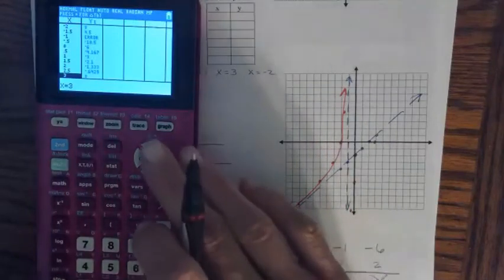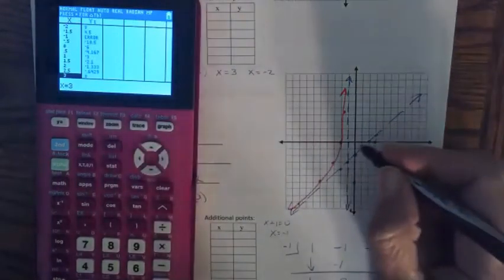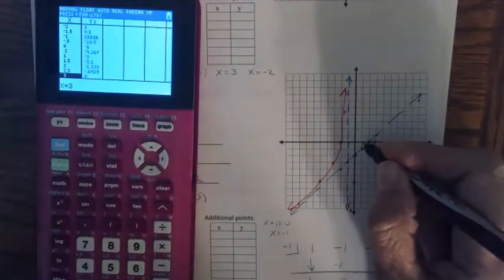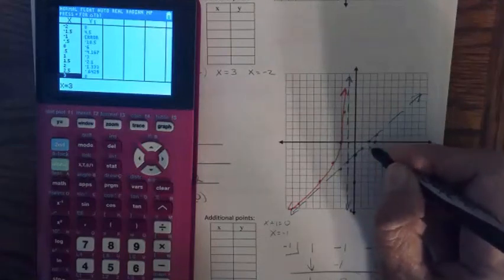All right, so at 1, 2, we're at -1 and a third.